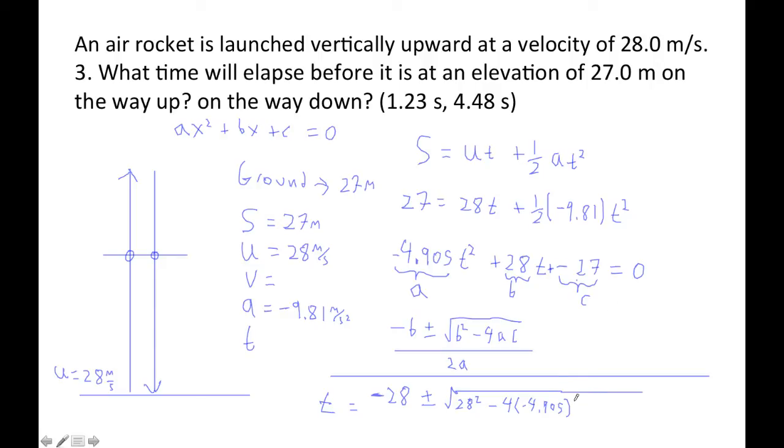What is c? Negative 27. Well, all these negatives. Miss one of those up and you're a goner. And then all of that is over 2 times negative 4.905. That's a 9. That's a 4.